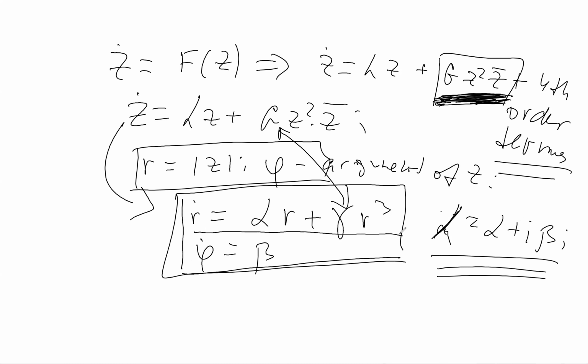Now, in terms of this, you can recognize that when I was considering my case in the case study, I got something like this: r dot equals r times alpha plus gamma r squared, sorry.